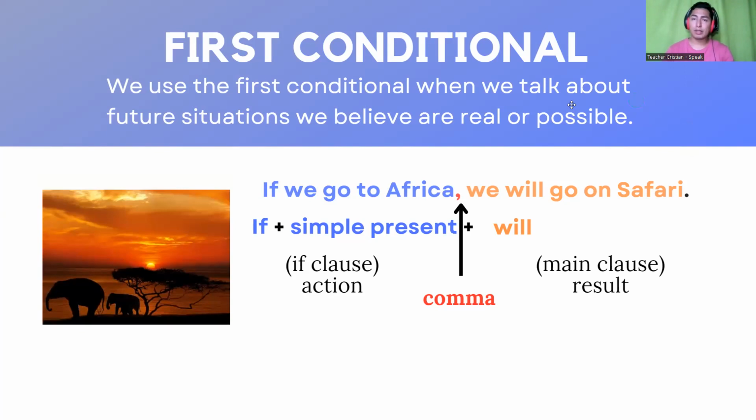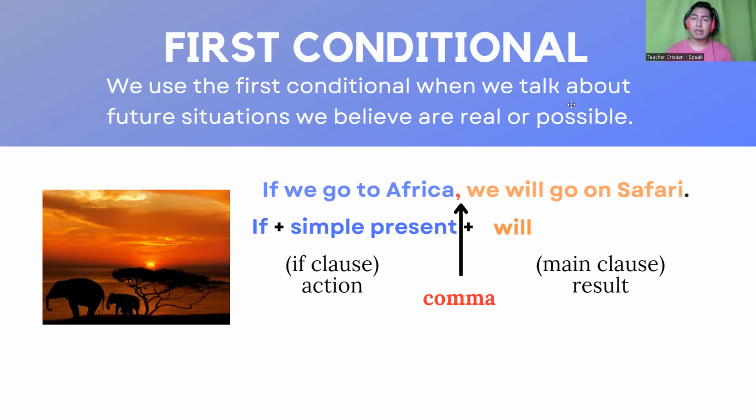Something important that we also have to take into account are two things. First of all, the action. The action is the simple present part of the sentence, or the if clause. And then the result: what will be the result if something happened, or if I do something?